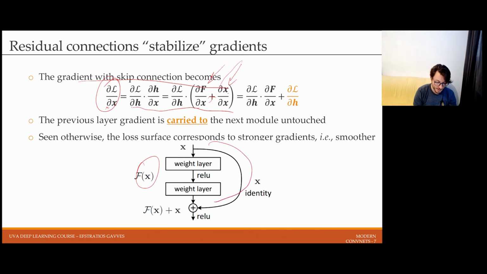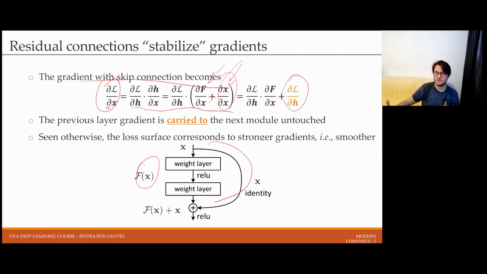Now, because of this extra term, our final gradient for our input x contains the term from the layer above, because backpropagation follows the reverse path, which means that the gradients from higher layers are carried to the lower layers untouched, without any modification.